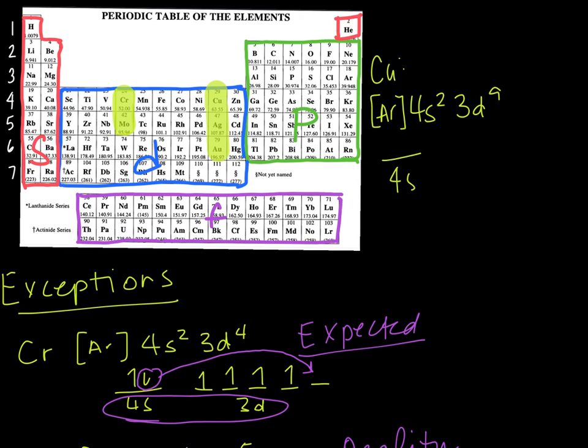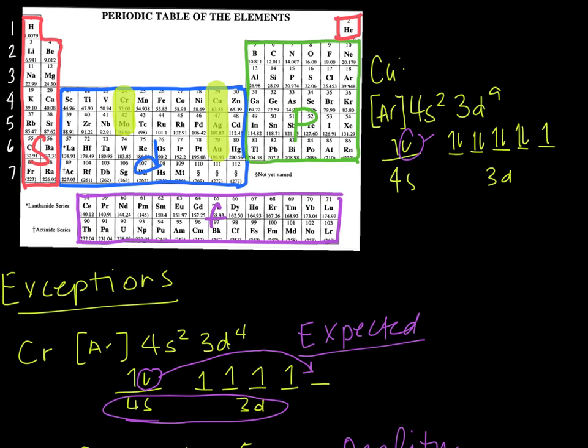So if this is 4s and this is 3d, we have 2 electrons, and then 9 in the 3d, and the same thing happens.